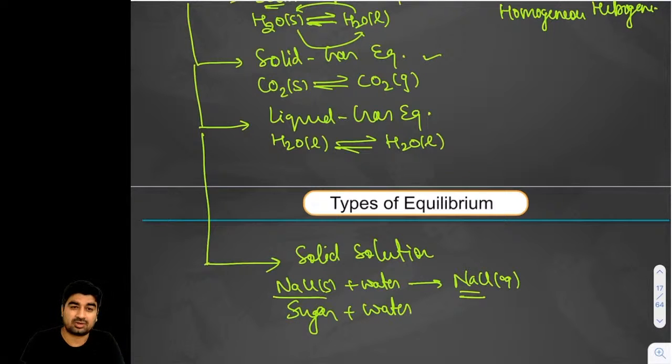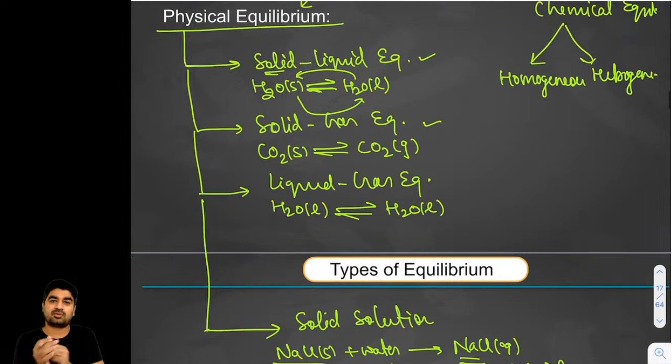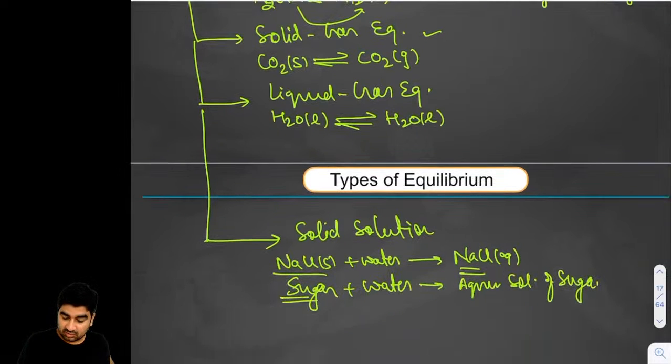It will give you an aqueous solution of sugar. So what will happen at equilibrium? I have already discussed with you guys. At equilibrium, this sugar is dissolved in the water, so the rate of dissolution will become equal to the rate of crystallization.